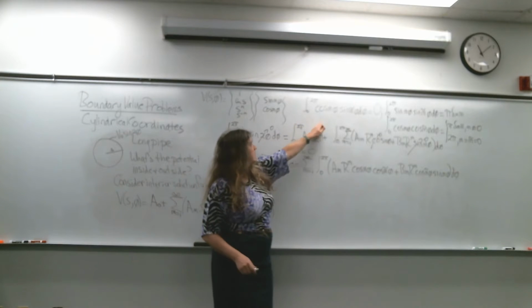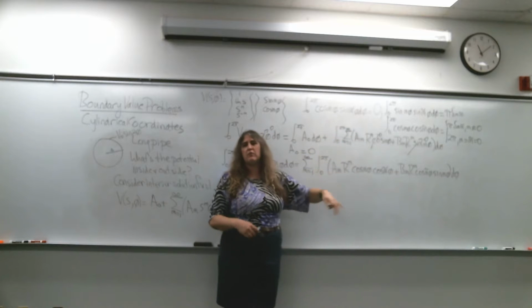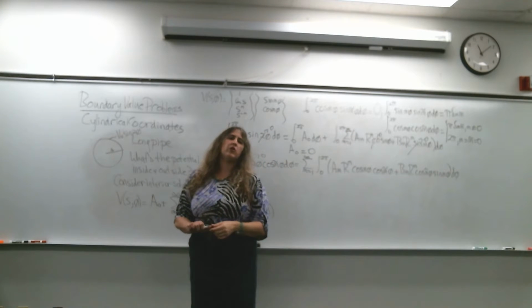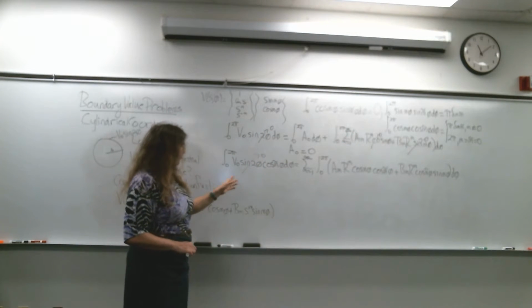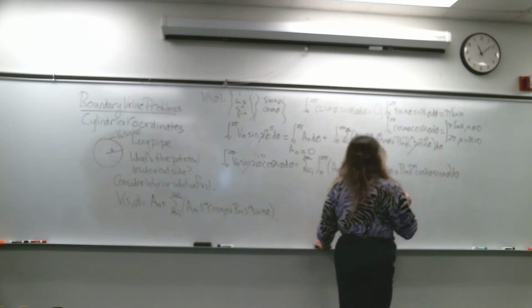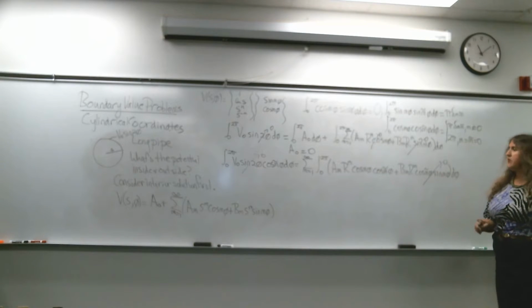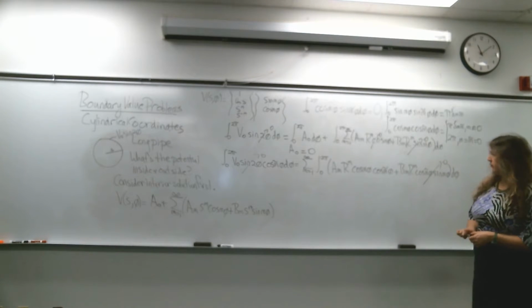Why? Because we know that the integral from 0 to 2 pi of cosine m phi sine m tilde phi is equal to 0, regardless of whether m tilde and m are the same. So this is equal to 0. The second term vanishes as well.